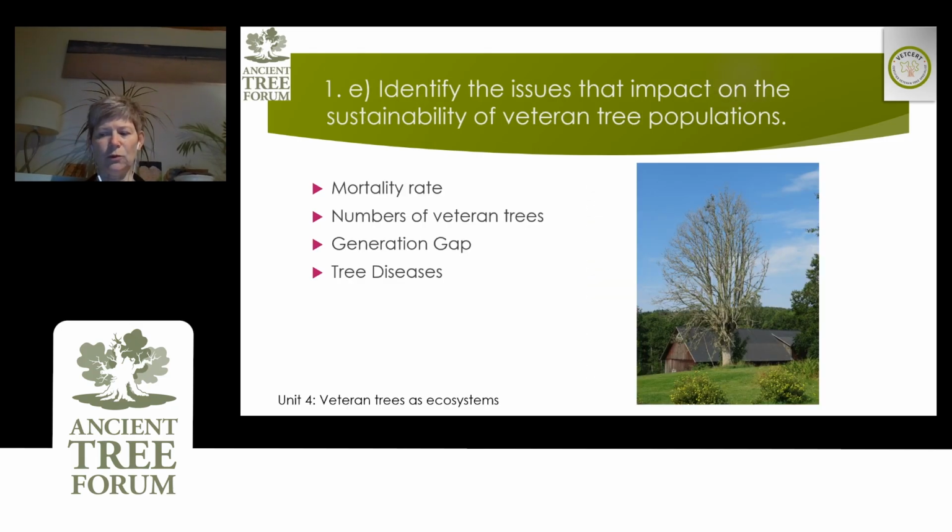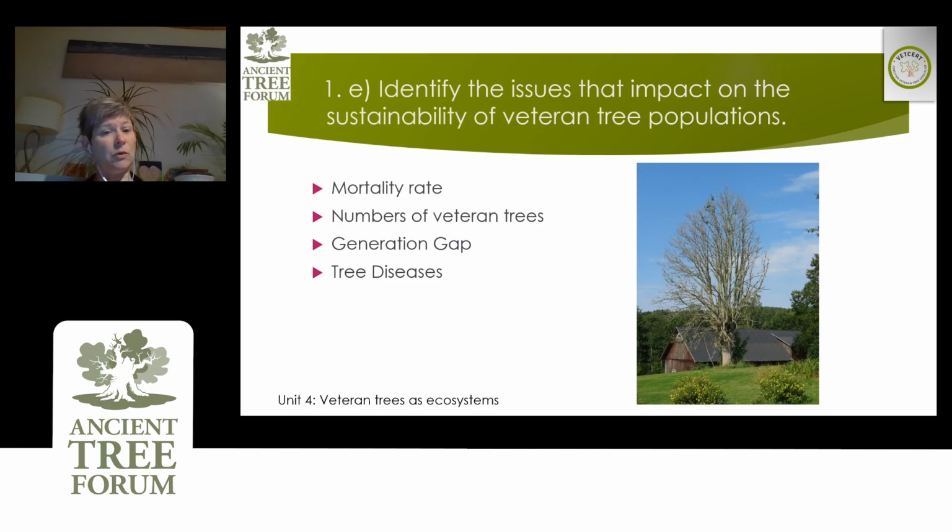Then we would expect you also to be able to identify issues that impact on the sustainability of veteran tree populations. So the obvious choice is the more trees you have, the more sustainable it is. If the mortality rate of those trees is high, then clearly you have a problem on your hands. And this is an ash tree that's died from ash dieback.